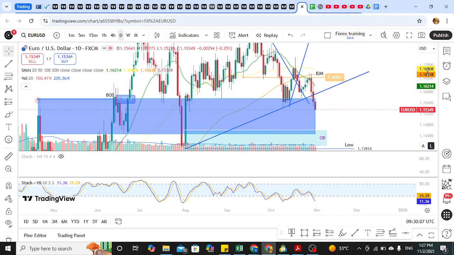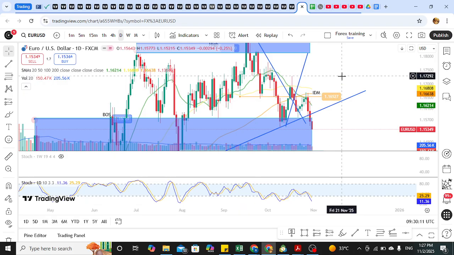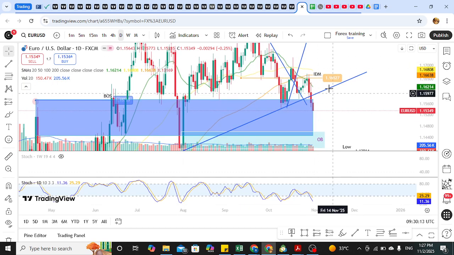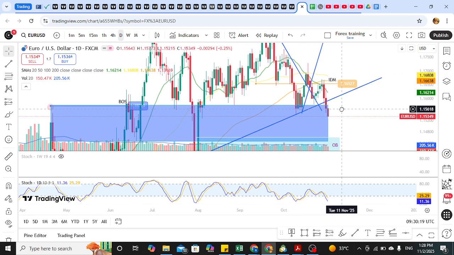I can also use the SMAs to show me. Look at this. All the SMAs are above the price, which means it's a sell. This is a cross of the 20 and the 50, another indication of the continuation of a downward trend. All of this is based on education, things that I have learned.